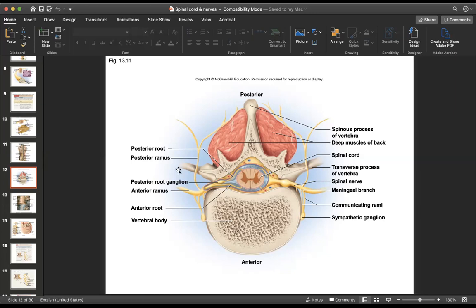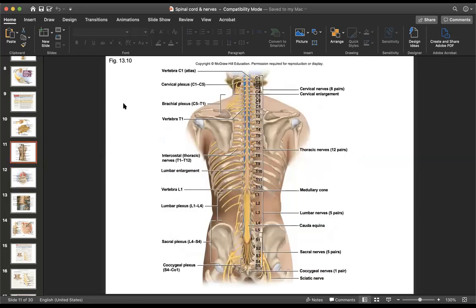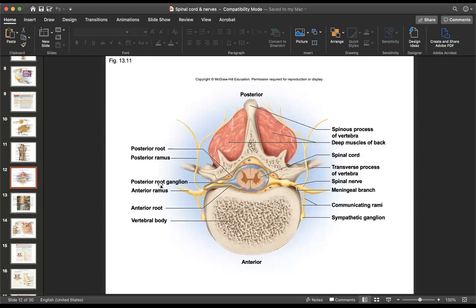So again, it's this anterior ramus that forms the plexi. The dorsal ramus just goes to the deep muscles of the back and the muscles of the skin of the back. The plexi that you're looking at here, the cervical, brachial plexus, lumbar plexus, sacral plexus, those are all formed from the anterior ramus.